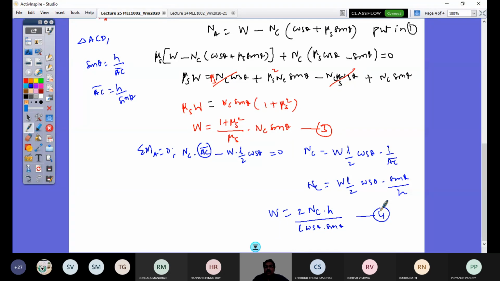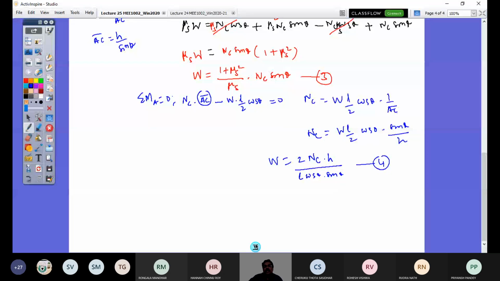That would give me 1 plus mu s square by mu s into NC sin theta, that's equal to 2 NC H by L cos theta sin theta.